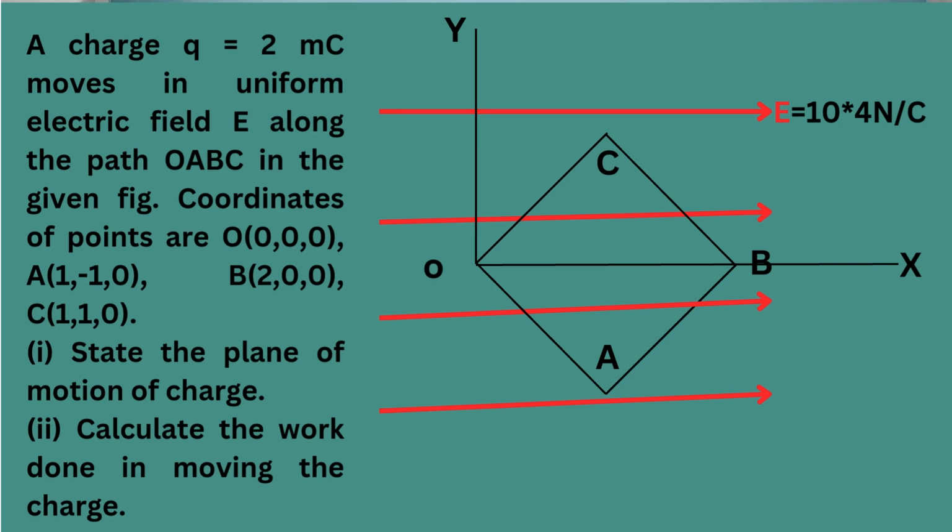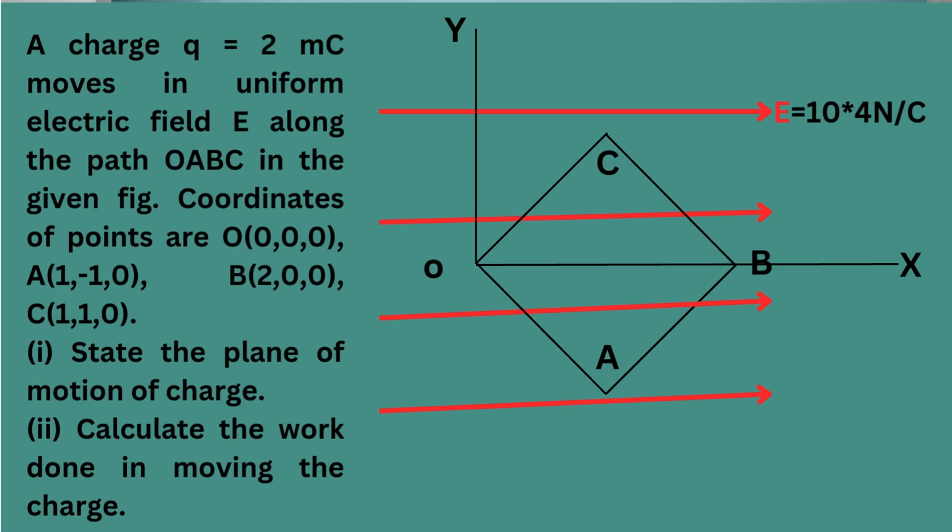A charge Q equal to 2 millicoulomb moves in a uniform electric field E along the path OABC in the given figure. The coordinates of the points are O (0, 0, 0), A (1, -1, 0), B (2, 0, 0), C (1, 1, 0).